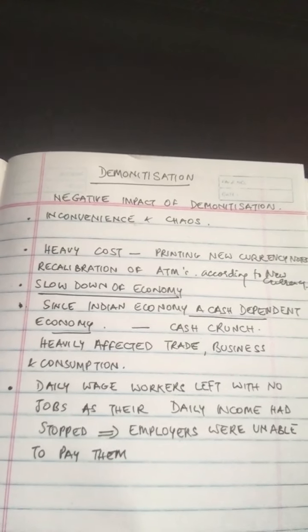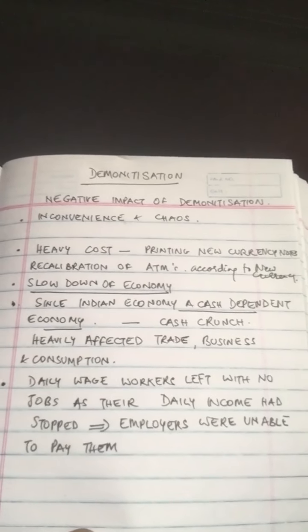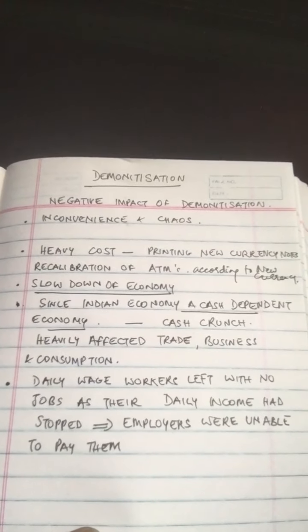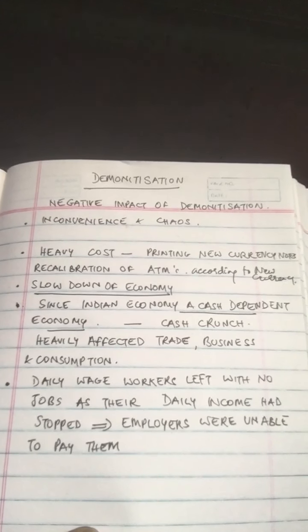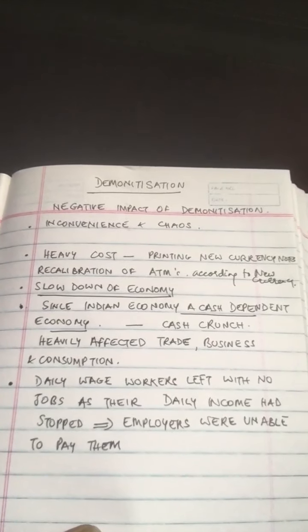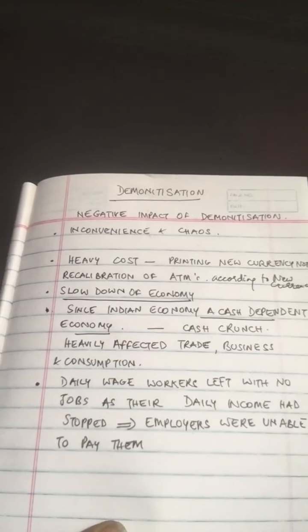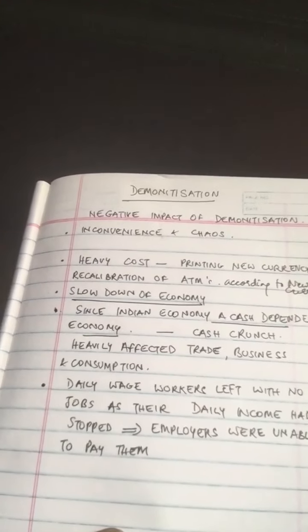Everyone was rushing to get rid of the demonetized notes. And because of inadequate supply of new notes, the banks and ATMs witnessed long queues everywhere, in towns and villages.